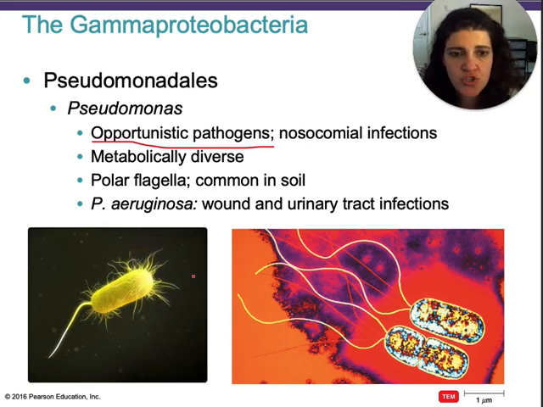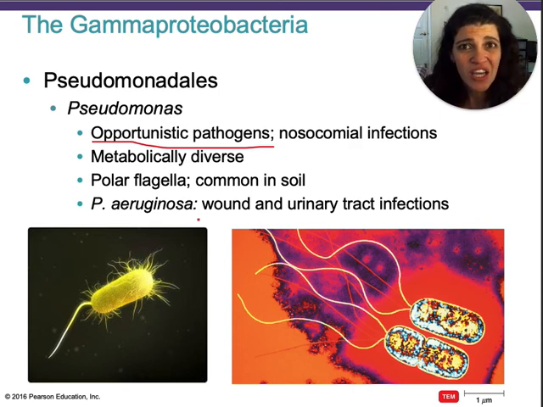So that's the Pseudomonas. Pseudomonas aeruginosa is the one that we usually see causing disease. It's a green bacteria. You know, when you see pus in a wound infection and that pus gets green, that's the pyocyanin from the Pseudomonas. It's a pigment that is green.